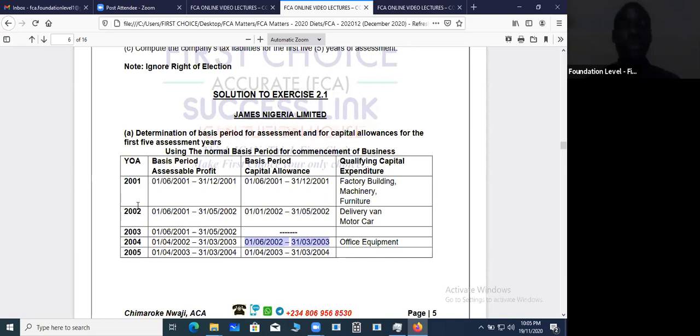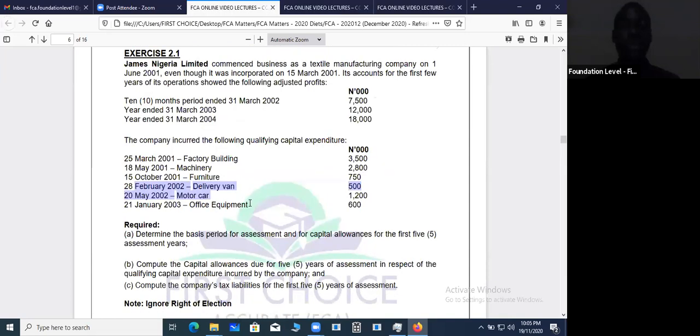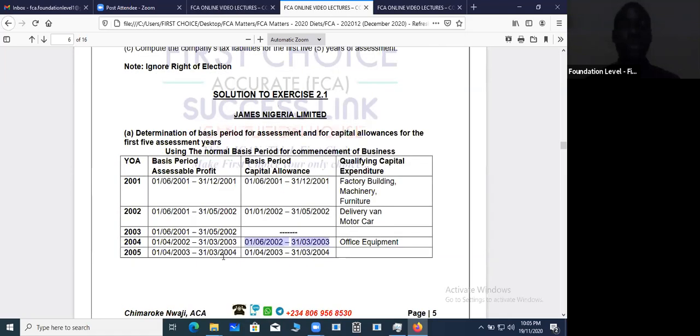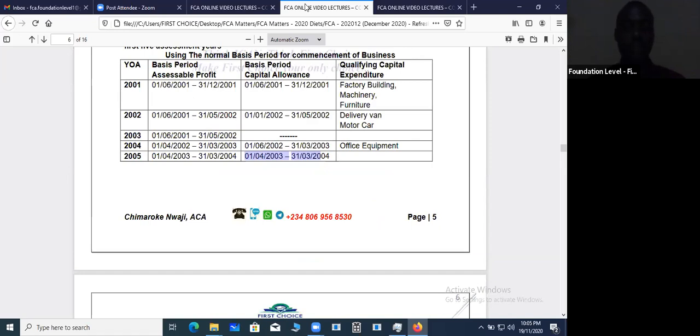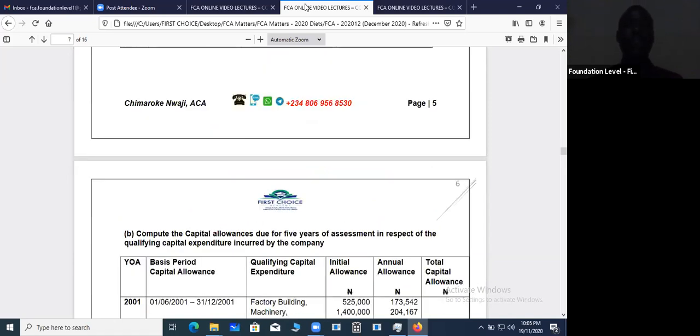So this qualifies as capital allowance. Okay. When we look at 2005, there's no basis period where we bought anything in line with this. Okay. So now let's look at the B part of the question.